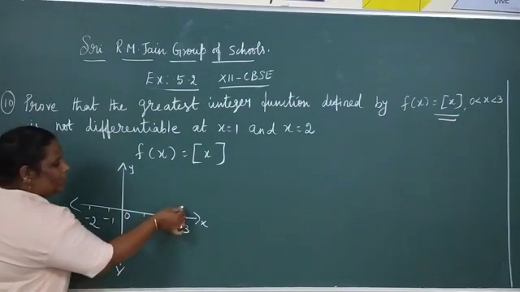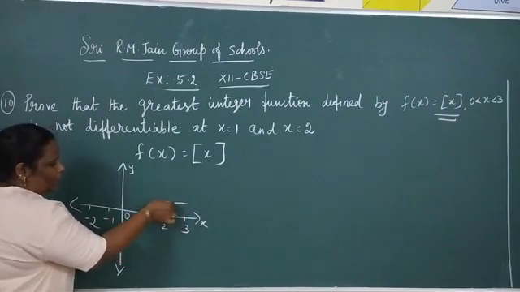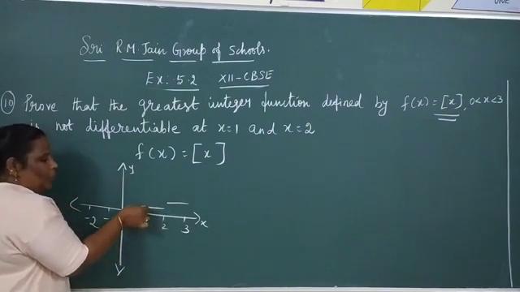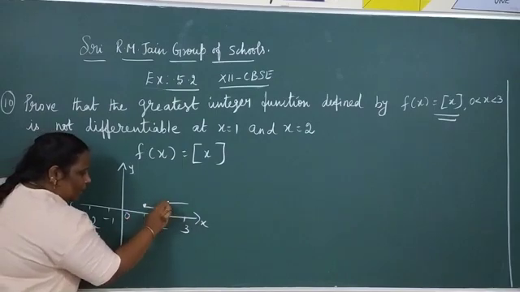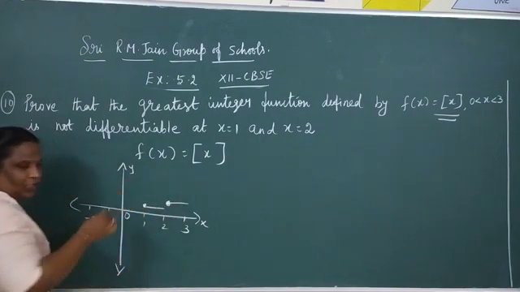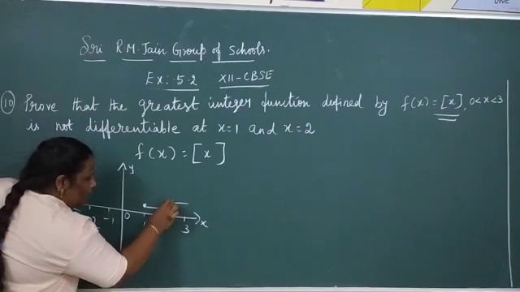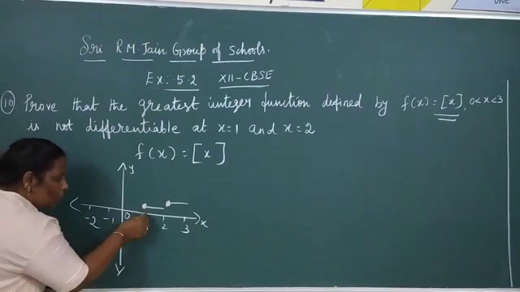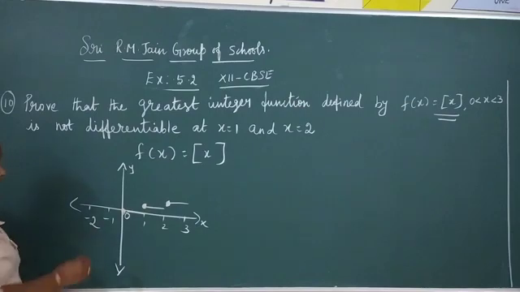Between 2 and 3, it approaches 2. Between 1 and 2, it approaches 1. Between 0 and 1, it approaches 0.